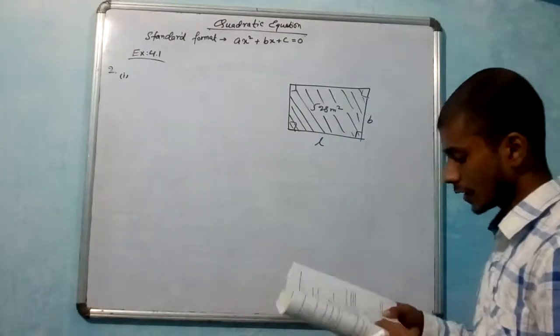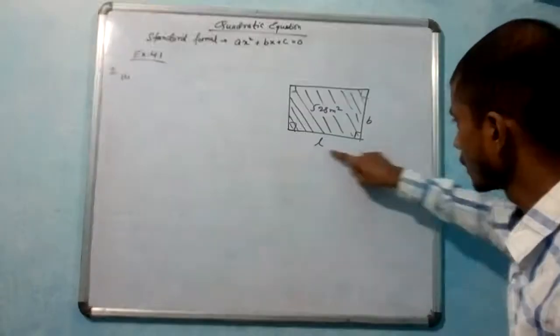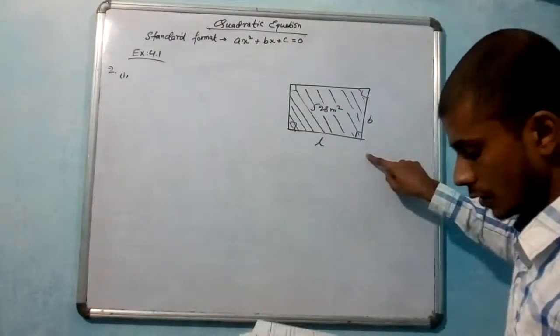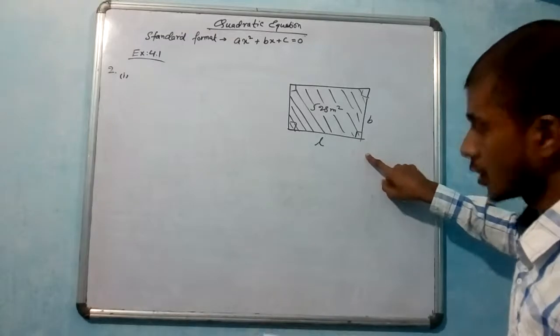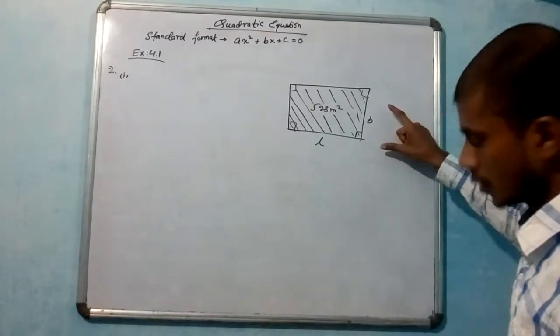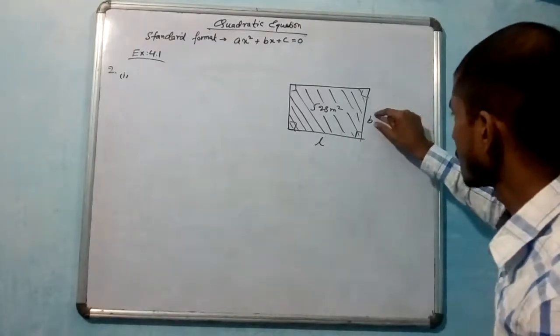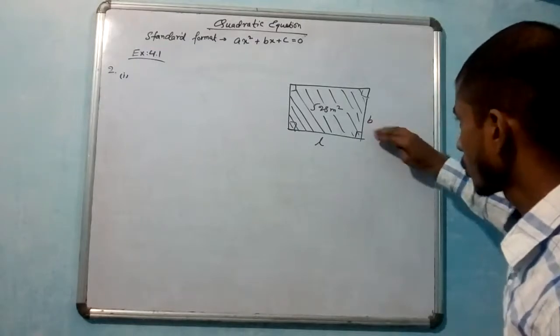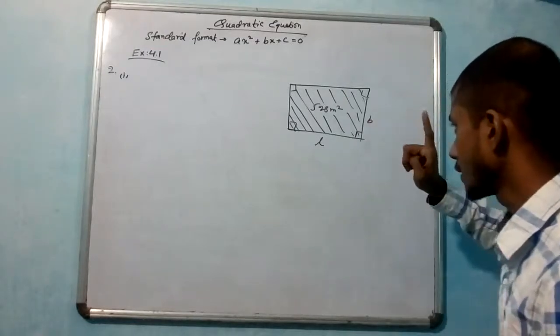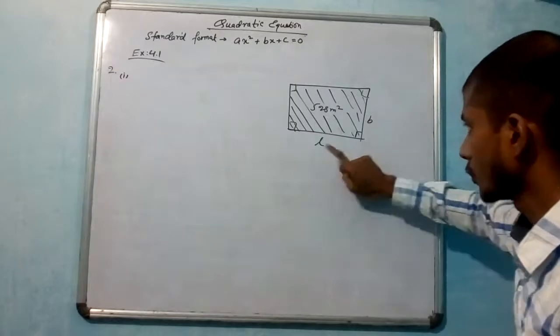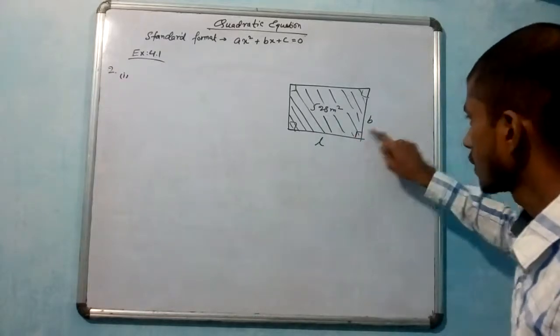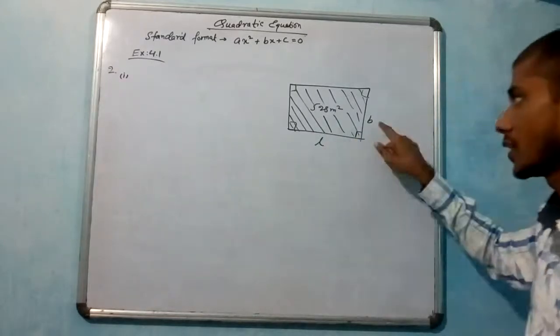The condition given is that the length of the plot, in meters, is one more than twice its breadth. Whatever its breadth is, make twice of that and add 1 meter, you will get the length. So a relation between the length and the breadth is given in this question.